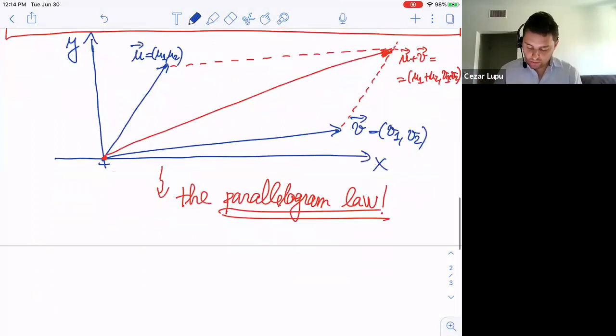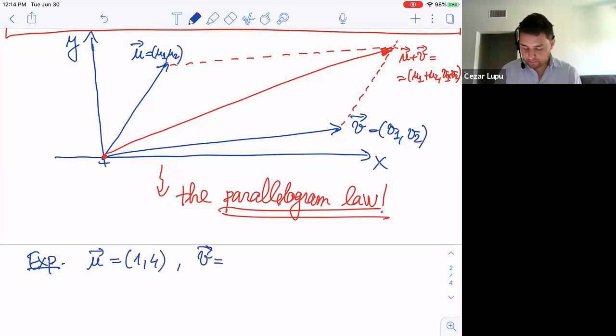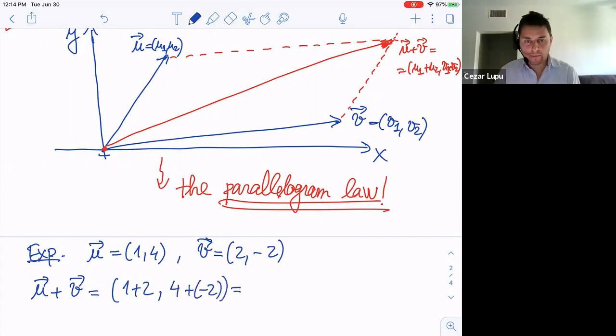All right, let me give you a quick example of how you add two vectors. For example, let's say I have u of components 1, 4, and v of components 2 and -2. As you can imagine, based on what we said so far, u vector plus v vector is nothing else than just 1 plus 2 for the first component, and the second one is 4 plus -2.